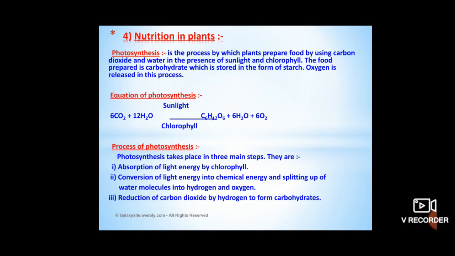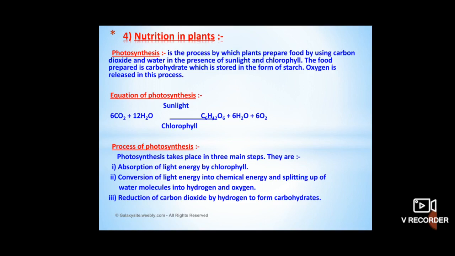So whatever water is there is divided into hydrogen and oxygen. Then, after that, the third step is involved here. That is what we call reduction of carbon dioxide by the hydrogen to form carbohydrates.